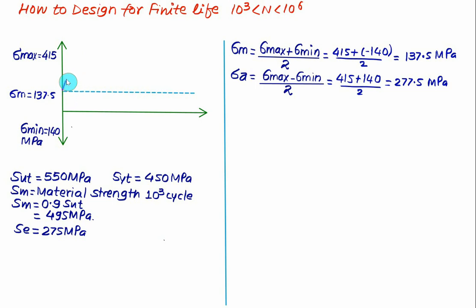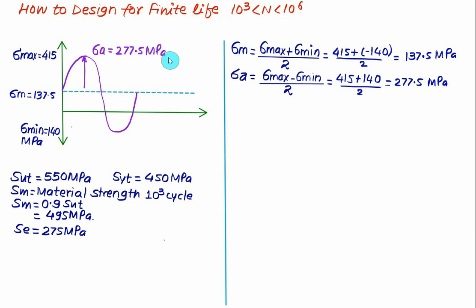So in this case the stress will change from mean value to max value, and then become again equal to 137.5, then become negative, and finally reach minus 140, and in this case the stress cycle is completed. So this value is the same as the amplitude stress, which comes out to be 277.5 megapascal.